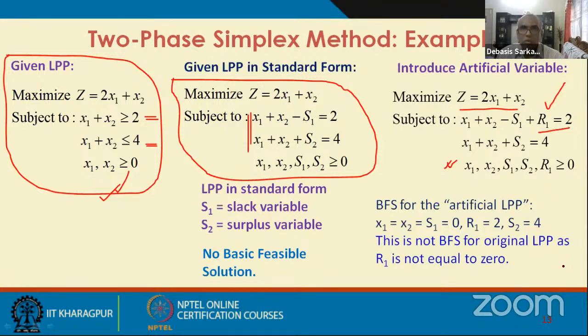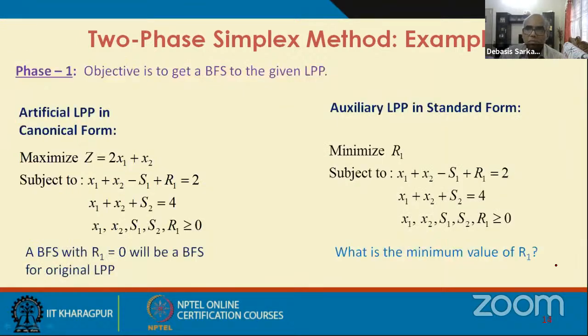So what do we do? We solve the auxiliary LPP, where R1 needs to be minimized. Objective function Z equal to R1. Again, what is the minimum value of R1? It can be 0.